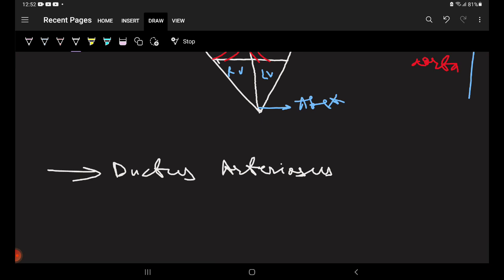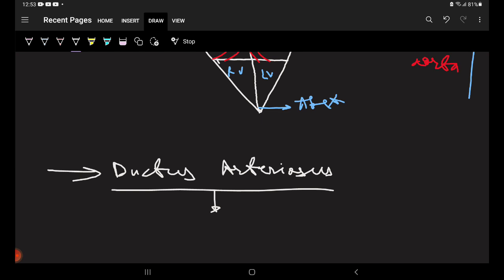Foramen ovale and ductus arteriosus. So let us discuss it.